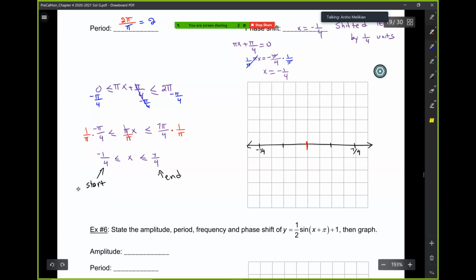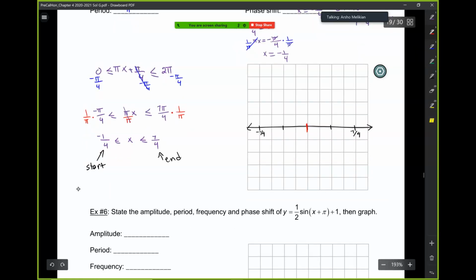So look on my screen. Here's how I think of it. That red point is halfway between negative 1 over 4 and 7 over 4. That's by far the easiest way I've found to think about what this midpoint is. So this is half of 6 over 4, and that's 3 over 4.